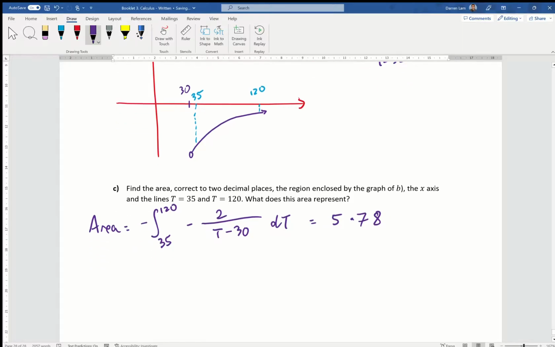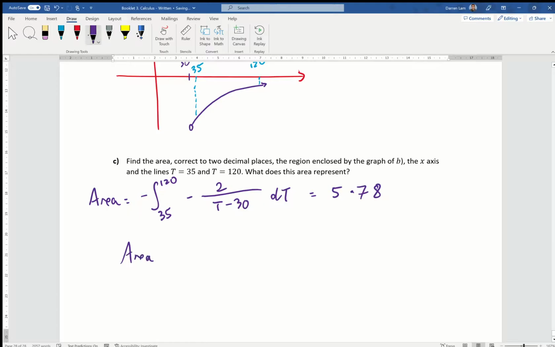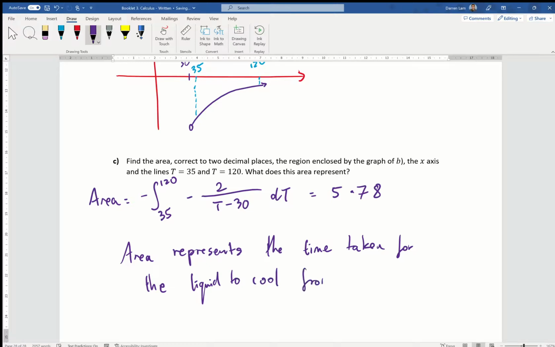When you integrate, the area represents the time taken for the liquid to cool from 120 degrees to 35 degrees. Remembering that your area is your integration, the same idea applies. If you're anti-differentiating or integrating your derivative function, it'll give you your original idea. So what is changing depending on what?